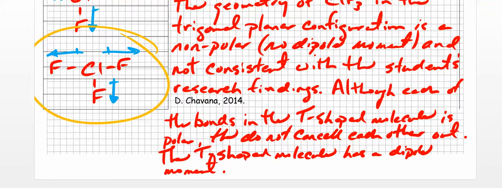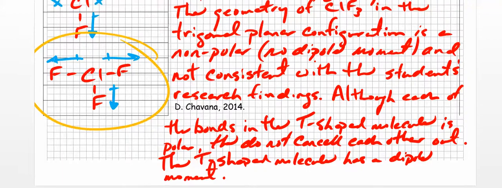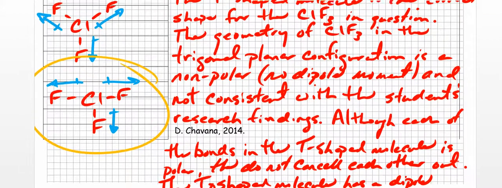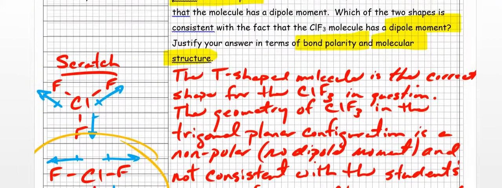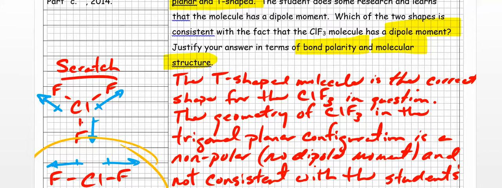The T-shaped molecule has a dipole moment. That's a restatement of my initial answer. Let me read the question again to make absolutely sure that I've answered everything. By the way, I put this as scratch for my own edification so that I would understand the correct answer, but I would definitely include that in my answer to the grader.